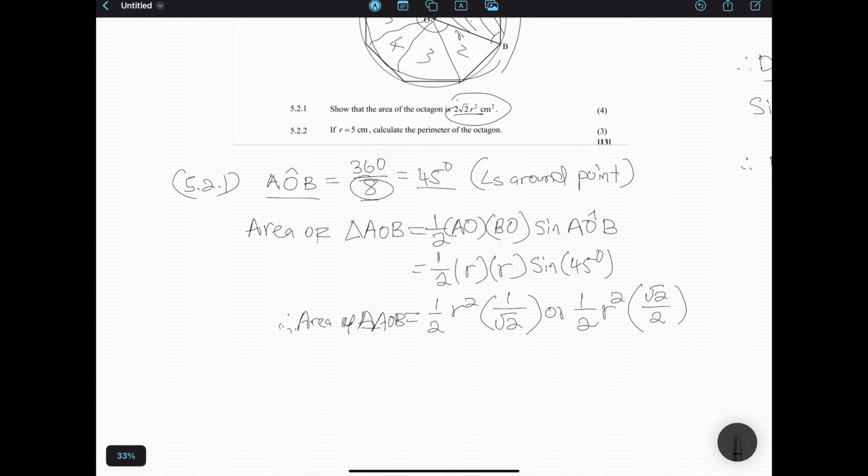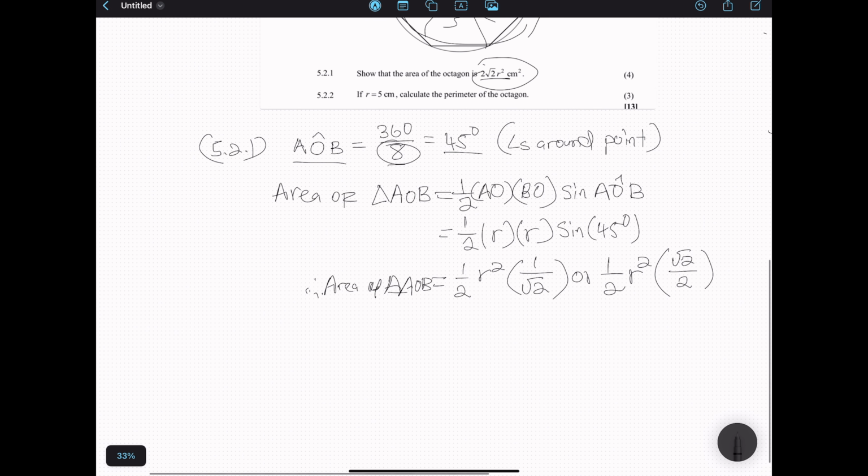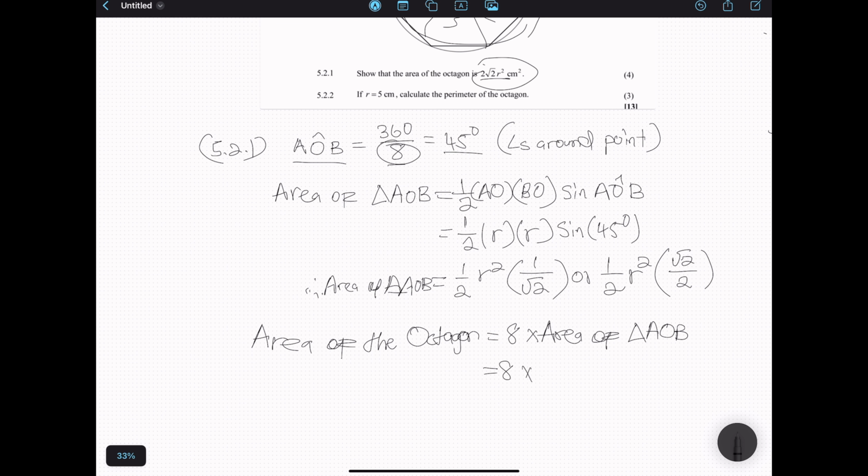So if you want the area of the octagon, the area of the octagon is equal to 8 multiplied by the area of triangle AOB, which is 8 multiplied by what we got here.